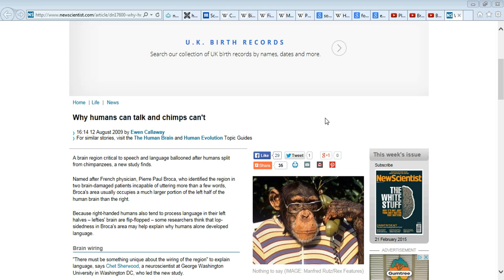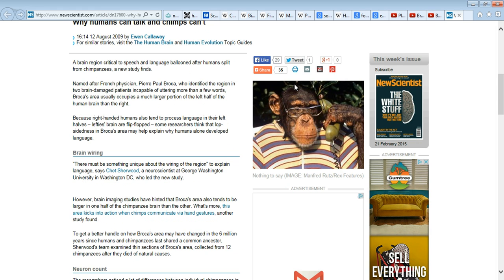What I'm going to show you now: chimps can't talk, right? The reason that chimps can't talk is because they don't have the larynx for it. Their voice box cannot produce the sound with the complexity that humans can, right? But not only that, a brain region critical to speech and language ballooned after humans split from chimpanzees.